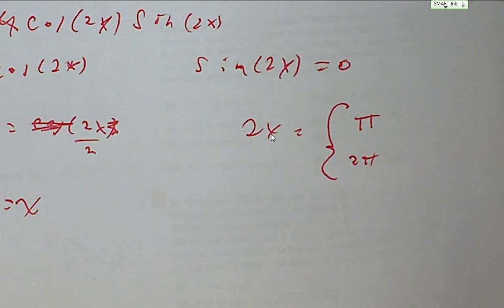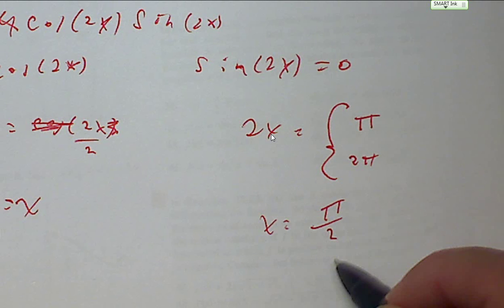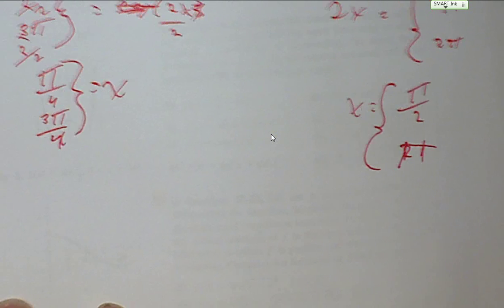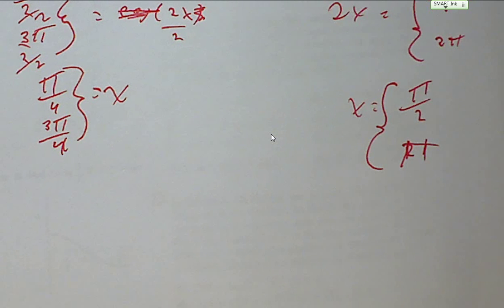Divide both sides by 2 and I get x equal to pi over 2 and 2 pi over 2, which is pi. So now I have 4 points where f prime equals 0.